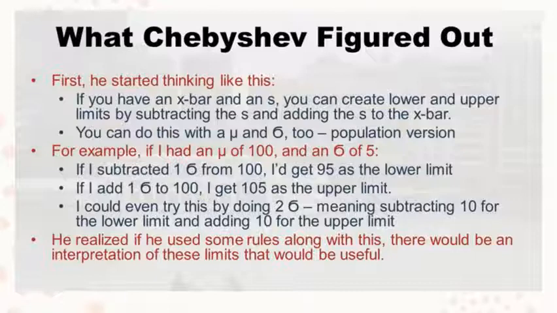Let me walk you through a little bit of his thought process before we get into the actual theorem. First, if you have an x-bar or a mean and a standard deviation, you can create your lower and upper limits by subtracting the standard deviation and then adding the standard deviation to the mean.